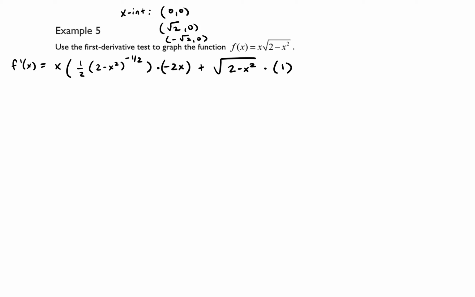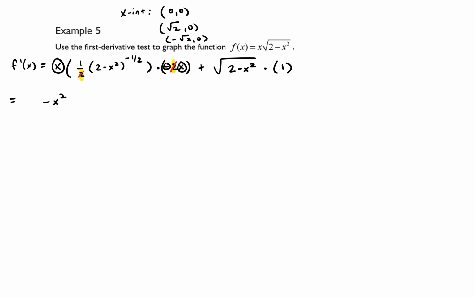Now it looks quite daunting, so let's see if we can't simplify that a little bit. This 2 here will cancel out with that 2. And this x and this negative x will multiply to be negative x squared.